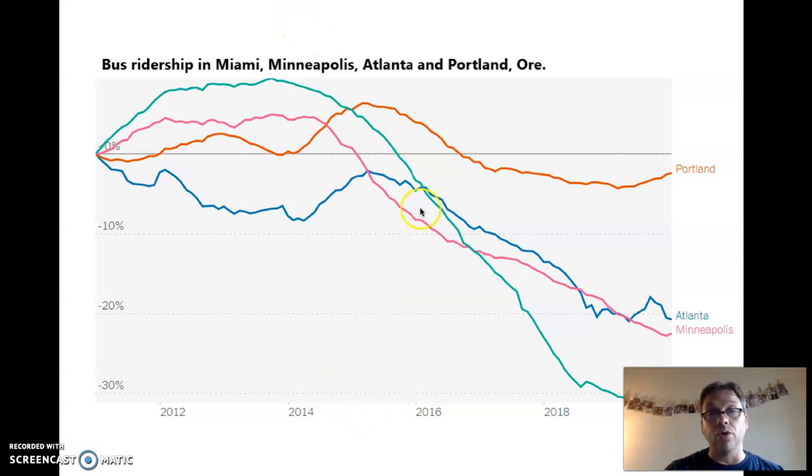It went down the most in Miami, down 30 or more percent, and it went down the least in Portland, Oregon, with Atlanta and Minneapolis sort of being in the middle. Another thing we could say about Miami is it had the highest level of bus ridership, and it also decreased the most. Okay? So this is some information we could take from this visual data.